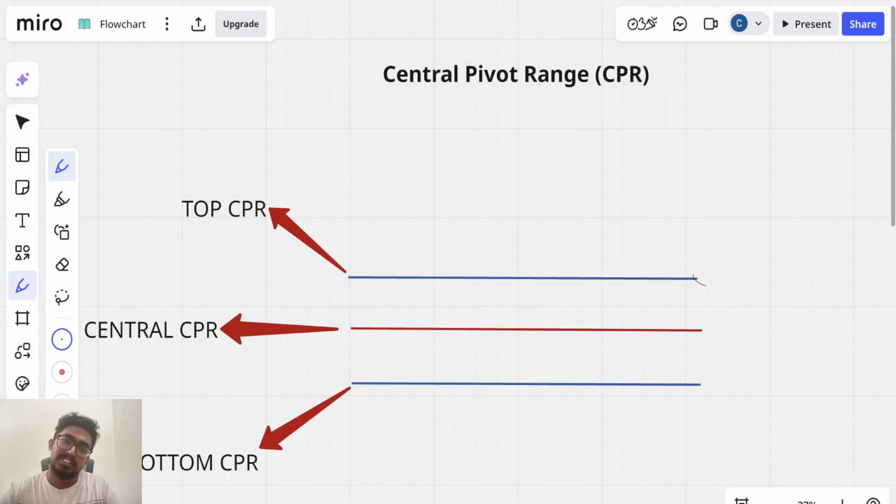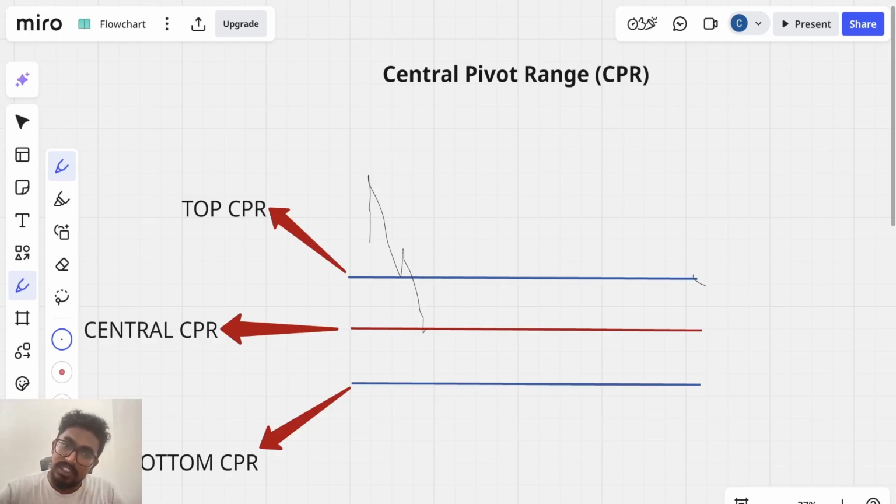For example, the market opens above the top CPR. Here today at 9:15 the market opens here, goes high, and comes near this and takes a support. It goes up and again breaks that support and comes down to the central CPR.